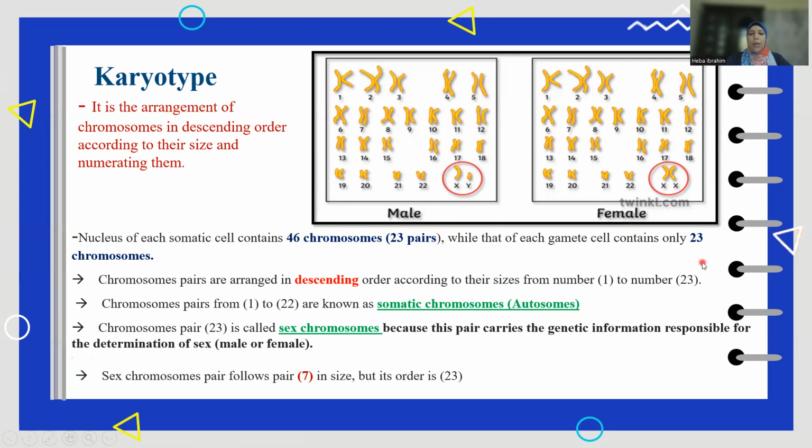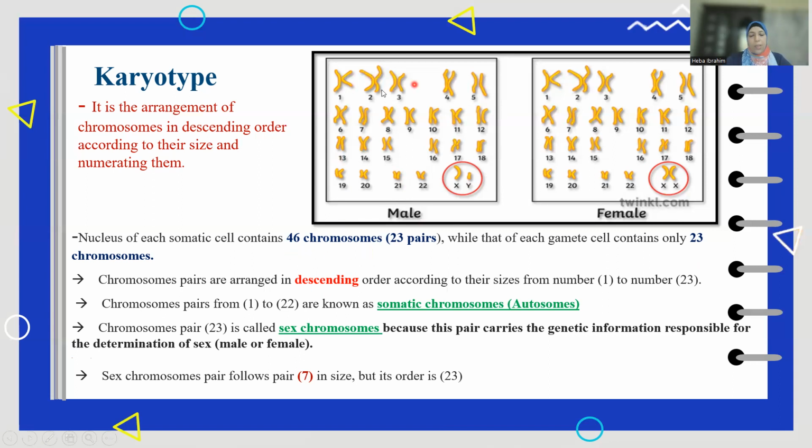Only 23 chromosomes, which are single chromosomes, not pairs. So we differentiate between somatic cells and reproductive cells according to the number of chromosomes.